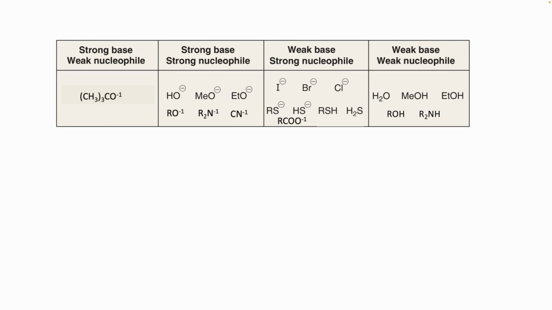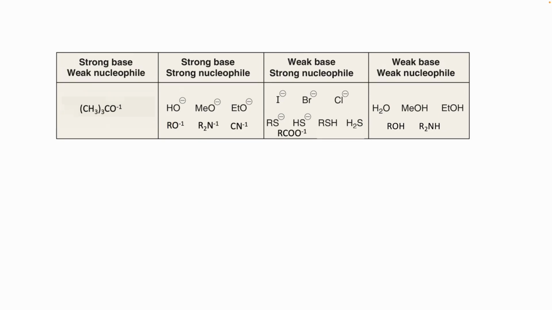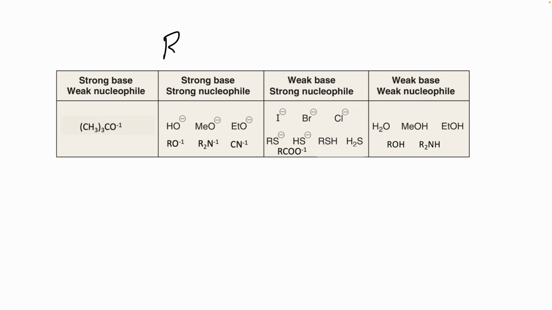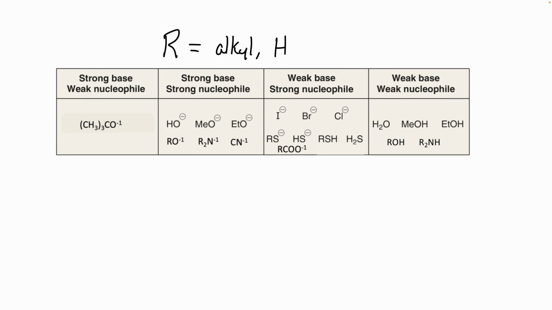We see a lot of R's going on here: RO, R2, R. What does the R stand for again? That's an alkyl group, so any number of carbons and hydrogens, or just hydrogen. It's a compact way of saying it doesn't matter how big it is as long as it has that sort of functional group on there.